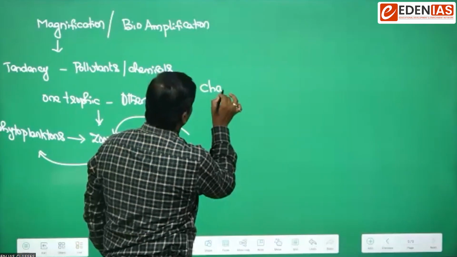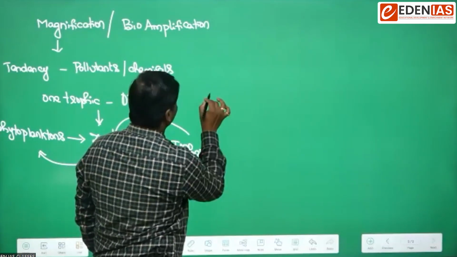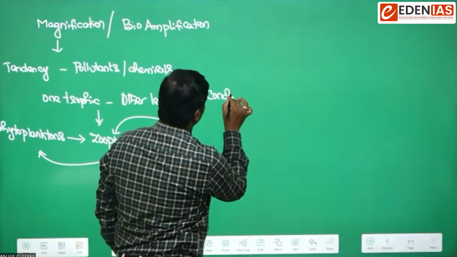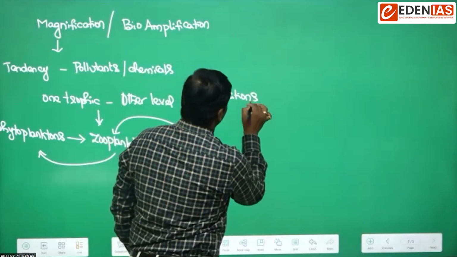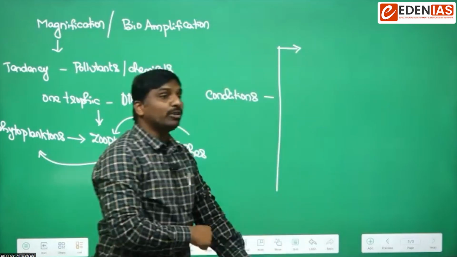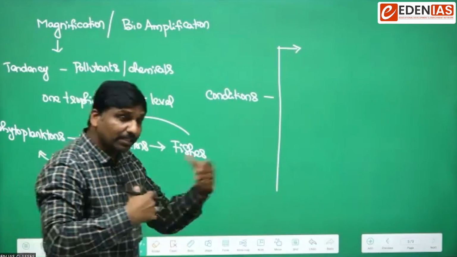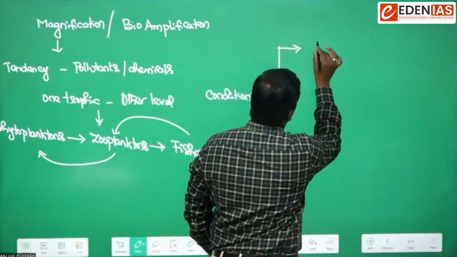If we talk about the conditions or characteristics, you can call them conditions also. The first condition is that a pollutant should be long-lived. That means the longevity of the pollutant should be more.